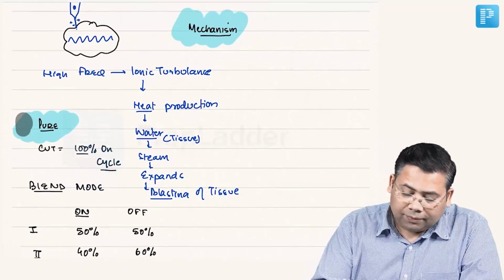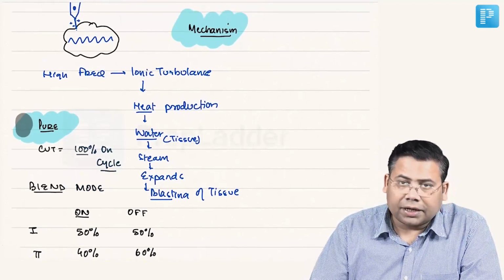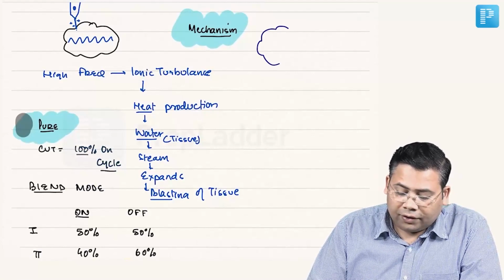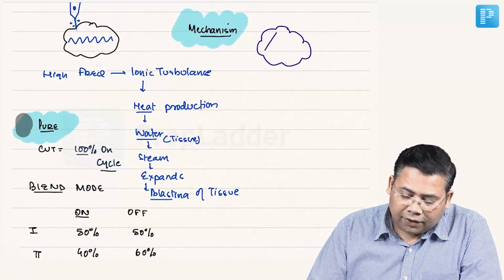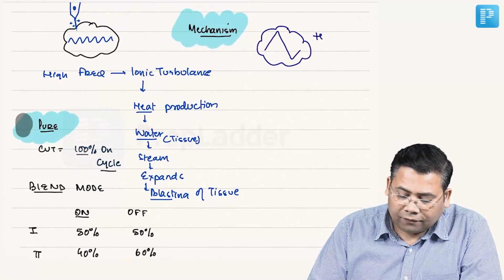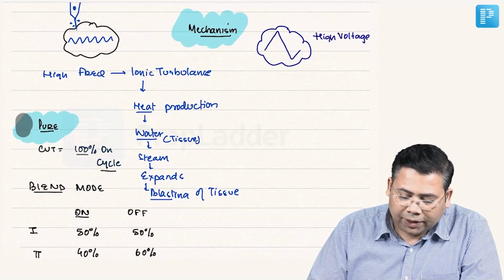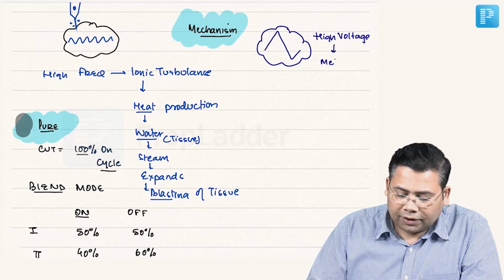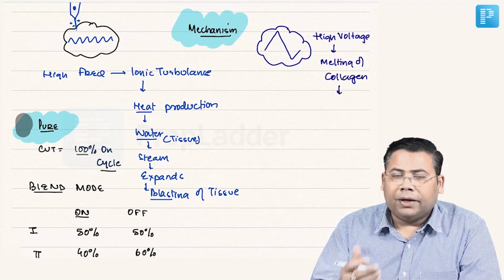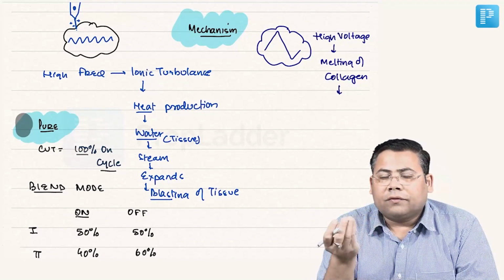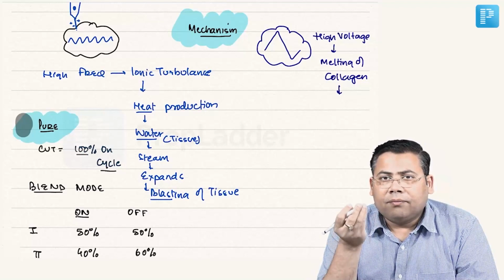Now when we talk about the mechanism of the seal, this is again very interesting. When you touch it with a high voltage current, the high voltage current causes melting of collagen. The melted collagen wants to convert itself into the steam, but it couldn't.